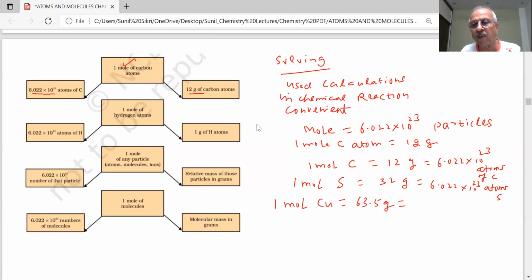And how many atoms of copper will be there? 6.022 × 10^23 atoms of copper. Is it right? Yes, sir. Now I'm putting 1 mole of Zn. What is the atomic mass of zinc?